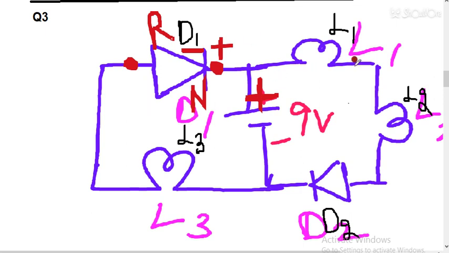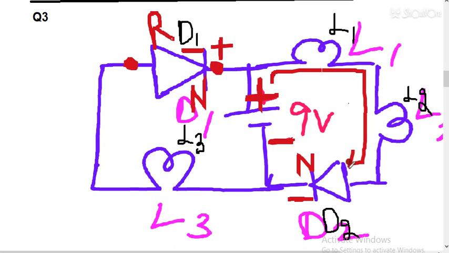Now students, see this. This is the negative voltage and this is the negative voltage. So negative voltage will go here. So the N side is connected to the negative terminal. You can understand it in another way also. This positive voltage will go to this side. So simply you can understand here that positive voltage will be connected to this side, the P side.